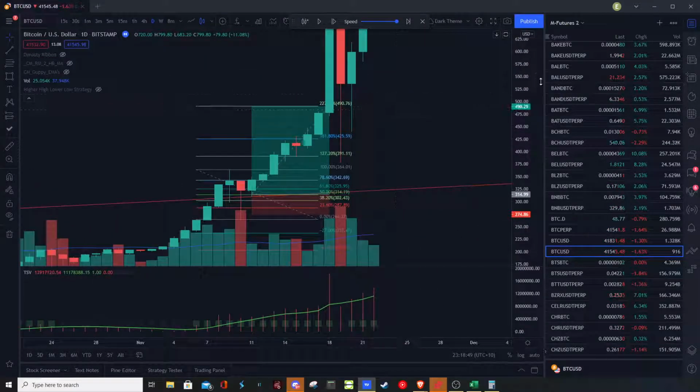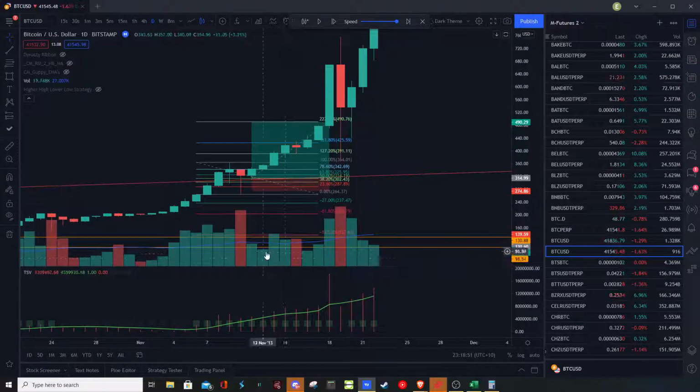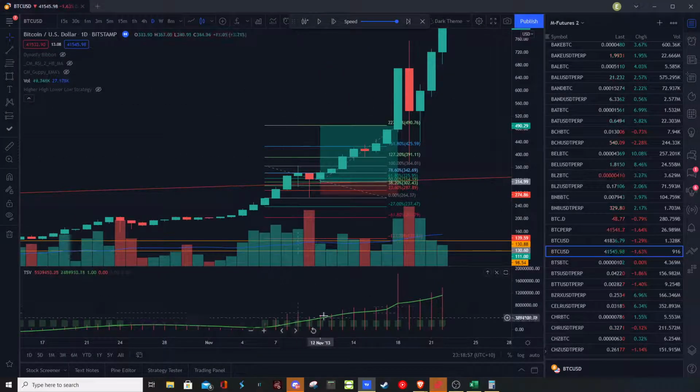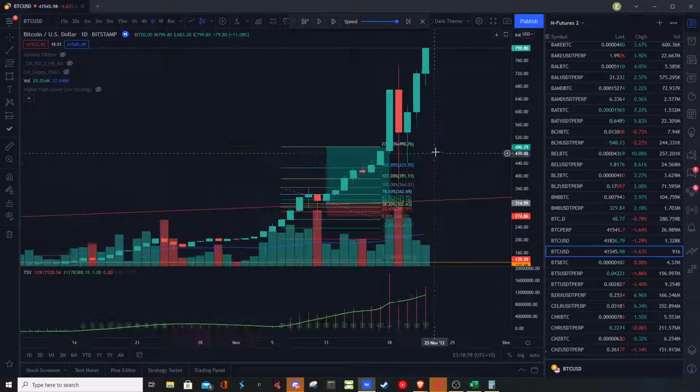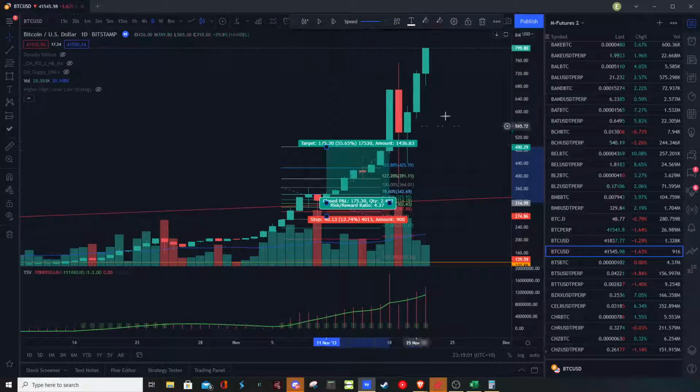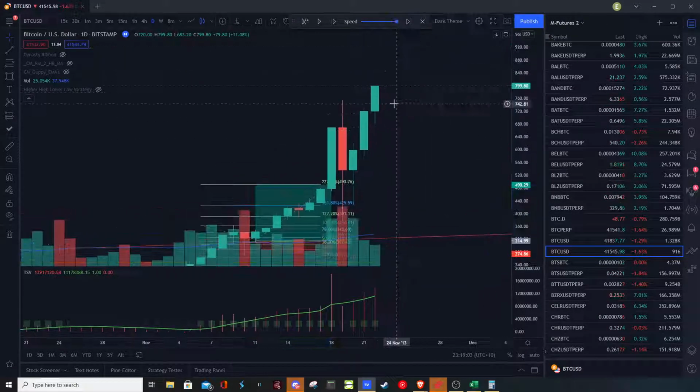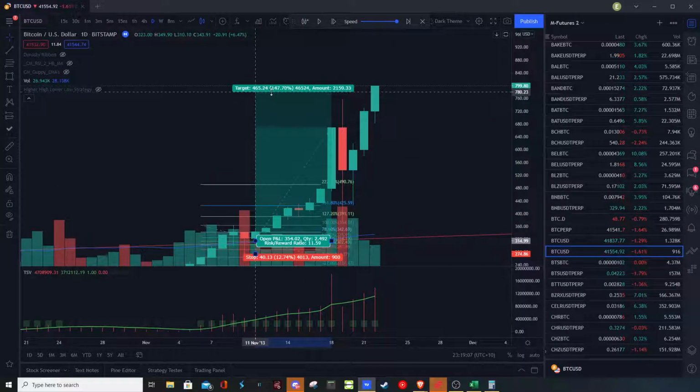Okay, this is a huge run, some decent volume here. You've got ascending volume on TSV. Personally, if I saw this, I would just let it run. So, do we take profit up here after a 150% gain?